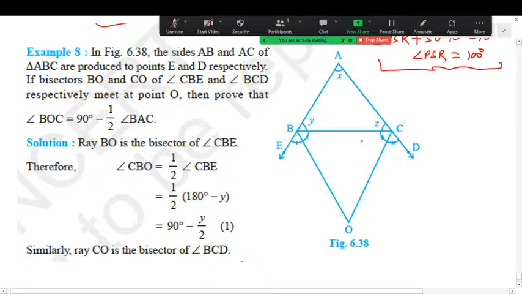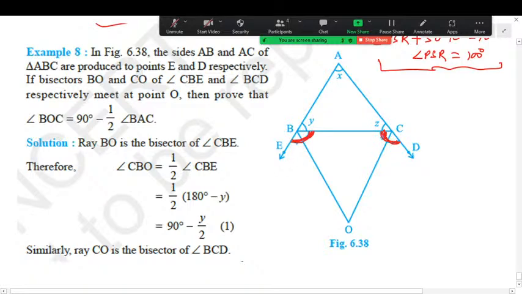And after drawing this triangle ABC, we have extended sides AB and AC. This is extended, this is extended. Once we have extended, we have obtained two exterior angles. This is one exterior angle. This is another exterior angle.